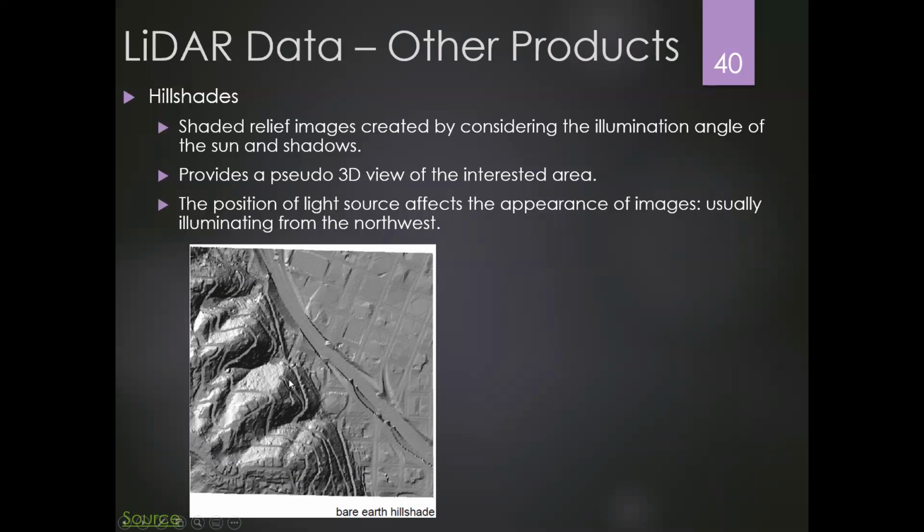That's because we can arbitrarily decide the position of the light source, usually illuminating from the northwest, top left corner of this image. If the light source is here, naturally all those mountain sides facing the light source, they are bright.